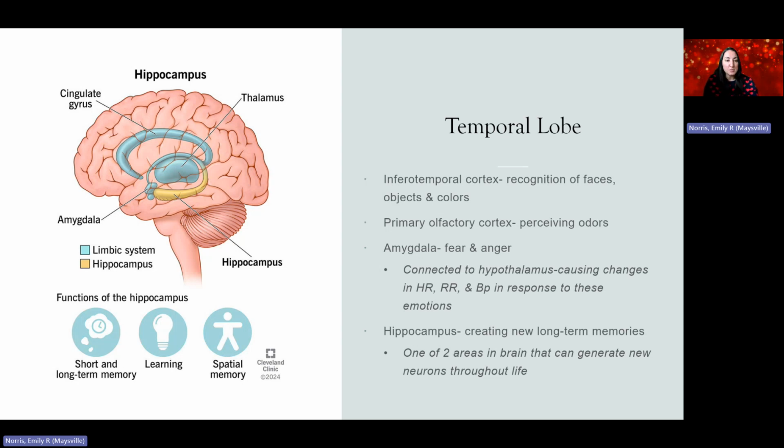The hippocampus, which is kind of in the middle of the brain, still in the temporal lobe, helps you create your long-term memories. This is one of only two areas in the whole brain that can generate new neurons throughout your entire life. Most of the neurons in your brain are developed at a young age.